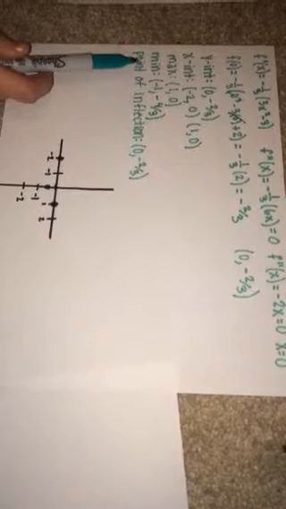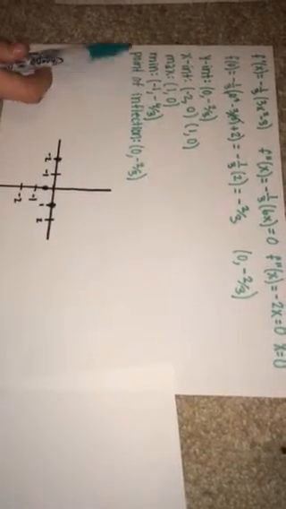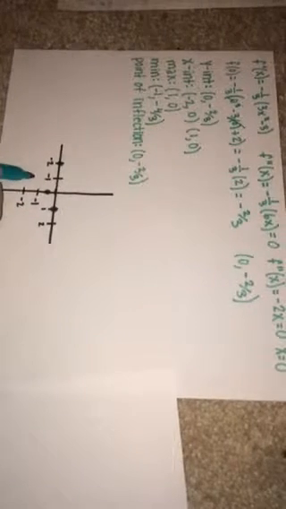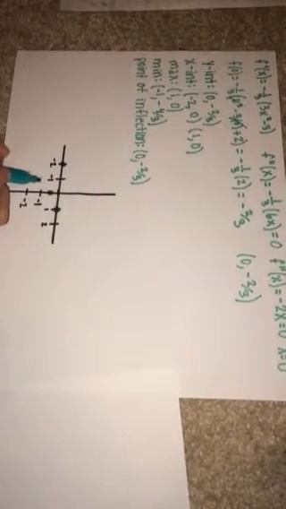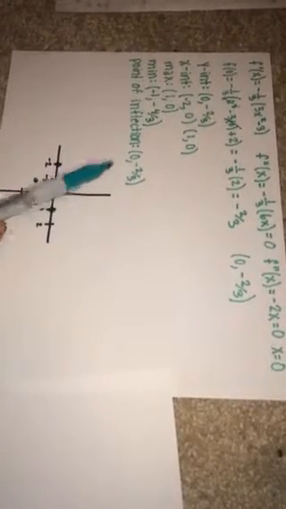The maximum is the same as the x-intercept, and then you put the minimum on the graph, which is going to be negative 1 and negative 4/3, which is about right there. And your point of inflection is the same as your y-intercept.